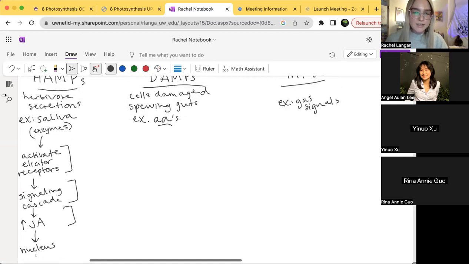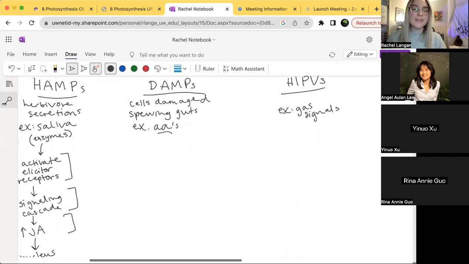The only difference is now we know the details of the signaling cascade. So you can thank those scientists because now you have to know it too. So you can't just say signal cascade, you have to know the pathway. So what is the pathway? Amino acids are going to activate the elicitor receptor called the glutamate-like receptor.